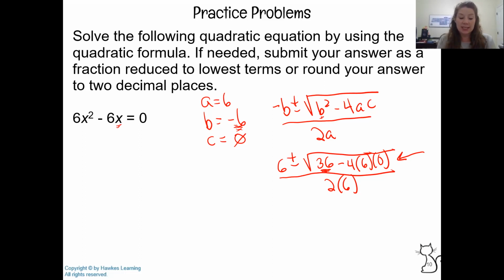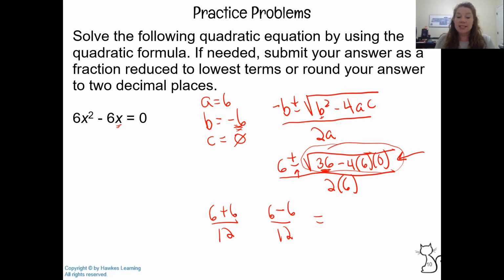Well, guess what? 36 is a perfect square. The square root of 36 is 6. So all of this right here equals 6. I'm going to do 6 plus 6 over 2 times 6 is 12. And then I'm going to say 6 minus 6 over 12.